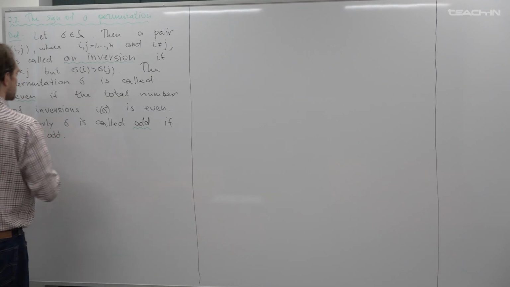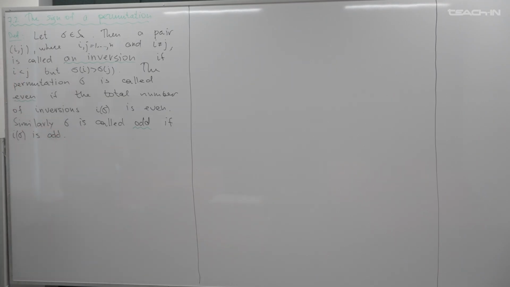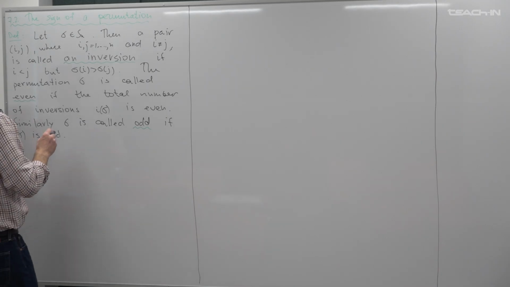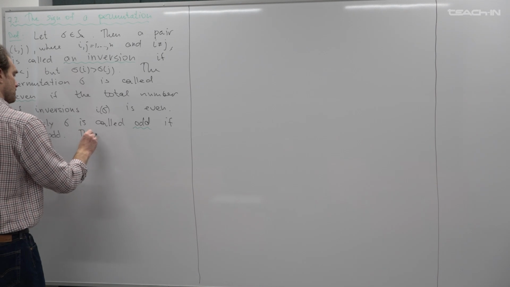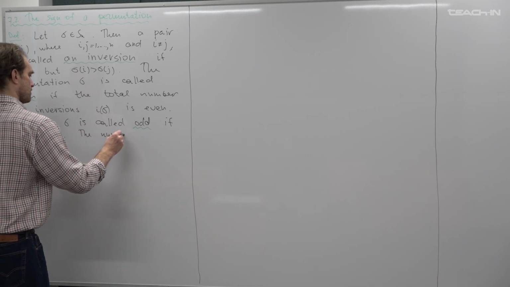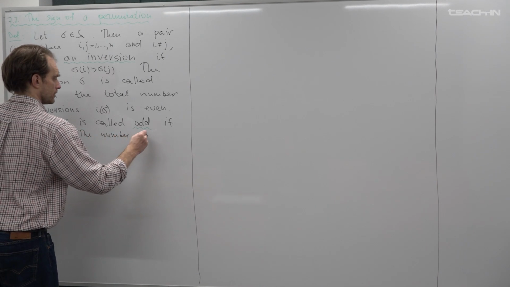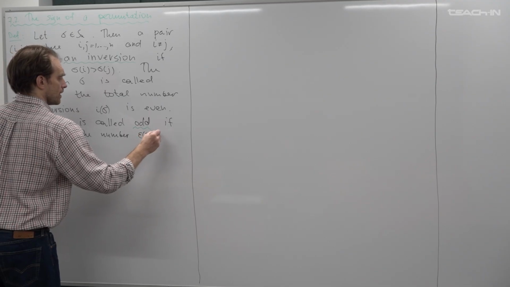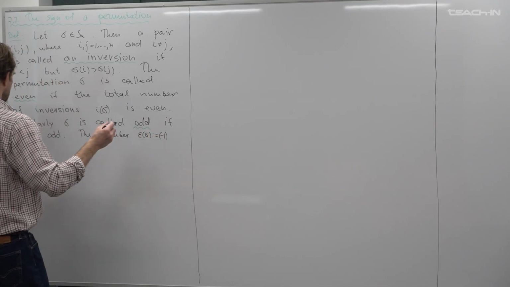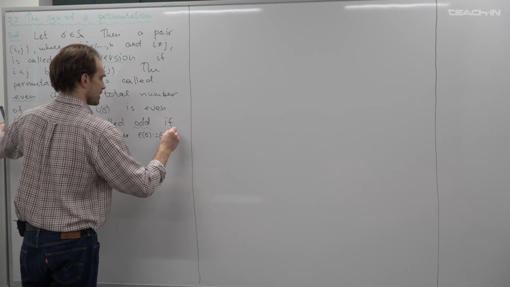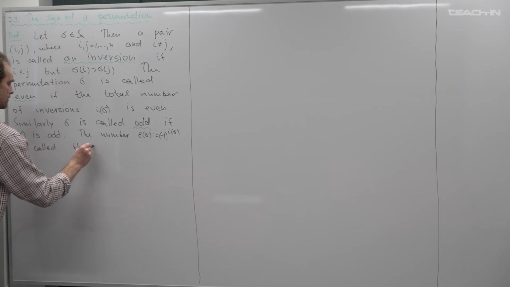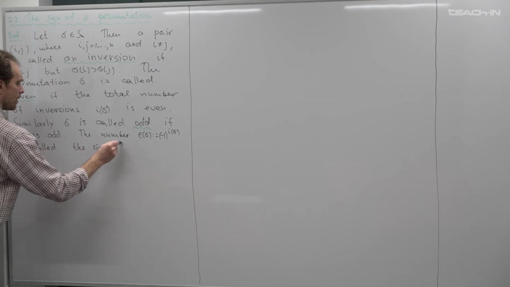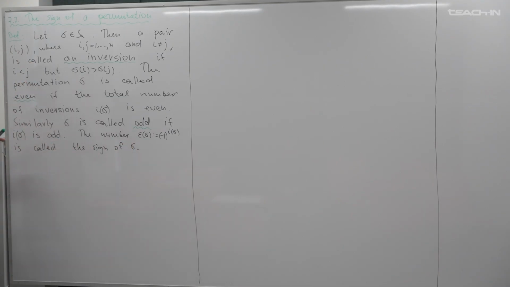Okay, and one more notation and definition. The number epsilon of sigma, which is minus 1 to the I of sigma, is called the sign of sigma.